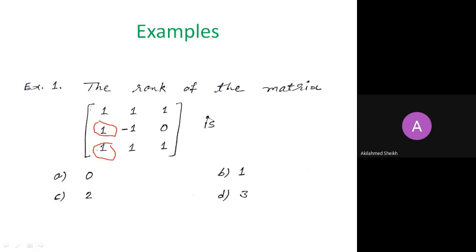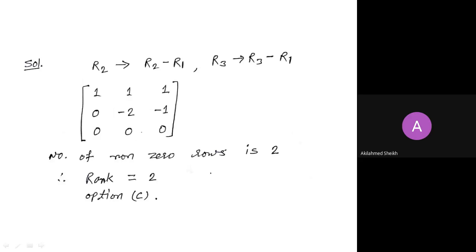Next we use R3 minus R1, then we get the next element as 0. We operate on R2 minus R1 and R3 minus R1.